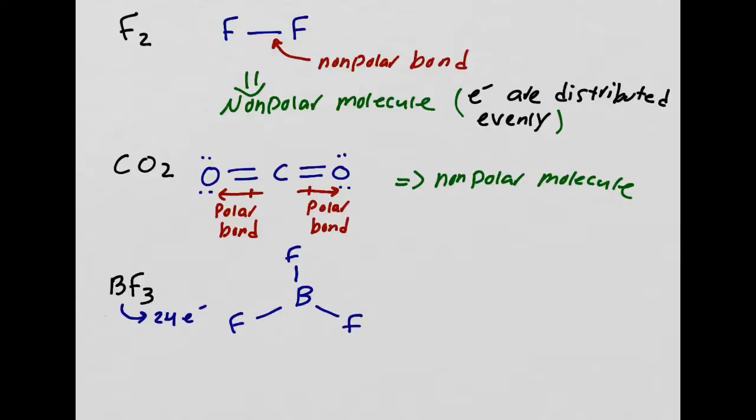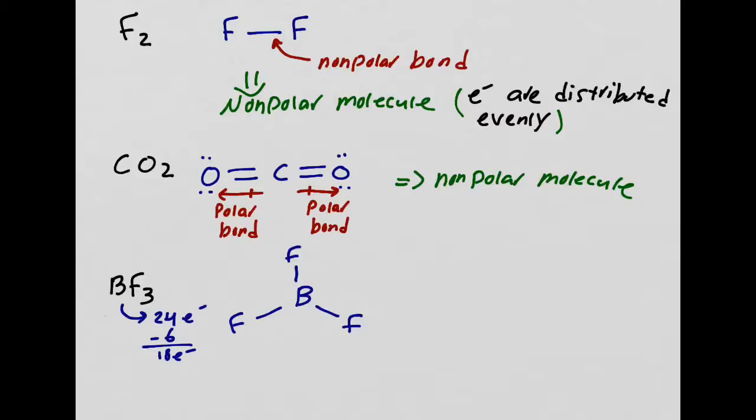Each covalent bond has 2 electrons, so 1, 2, 3, 4, 5, 6. So it would be 24 minus 6. Everyone follow that? So 24 minus 6 is 18 electrons left.